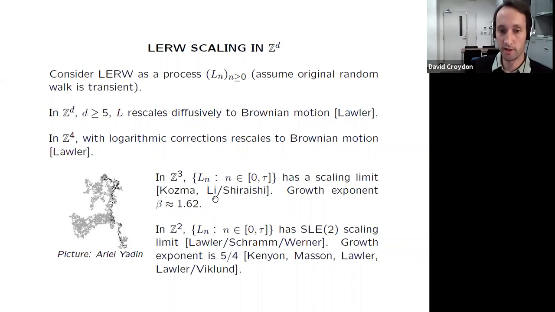In recent work, from the last 3 years or so, Xinyi Li and Daisuke Shiraishi have shown that if we include the time parameterization as well, then we can also show convergence. Namely, we can view this as a random function converging. In this case, the time scaling should be like n to the beta, where beta is known to exist. It's a deterministic constant, but the exact value is still unknown.